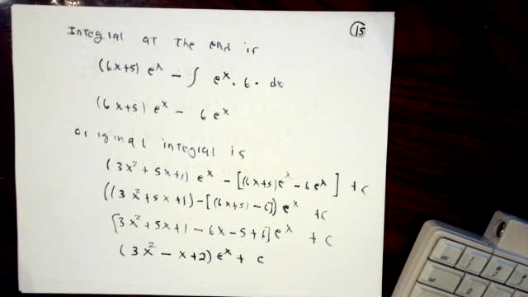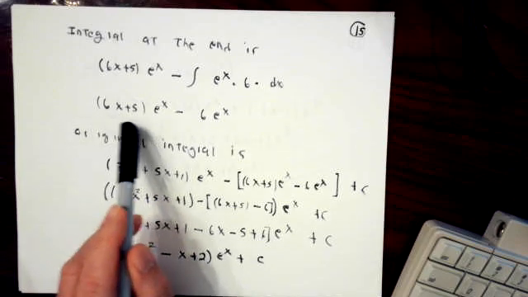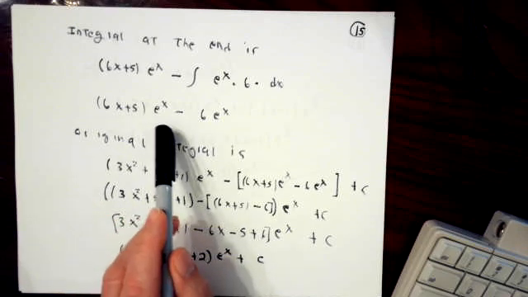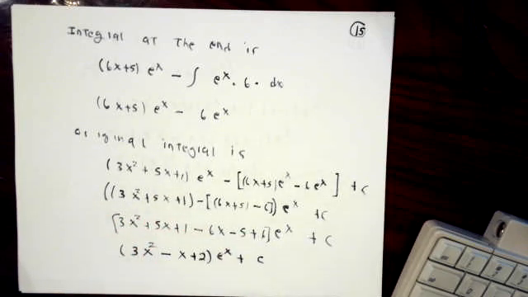The new version of the last integral is e to the x times 6 inside. Pull the 6 out, and the antiderivative of e to the x is e to the x. So the integral that we needed to calculate to complete our work on the original one is 6x plus 5 times e to the x minus 6 e to the x.